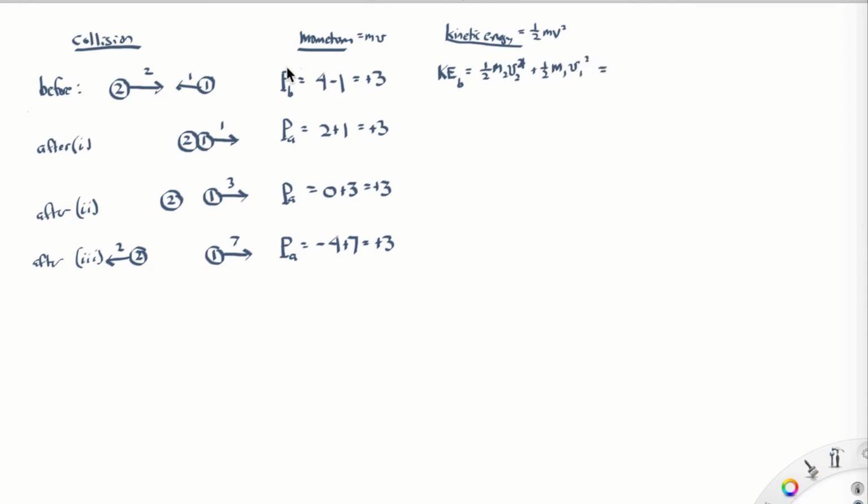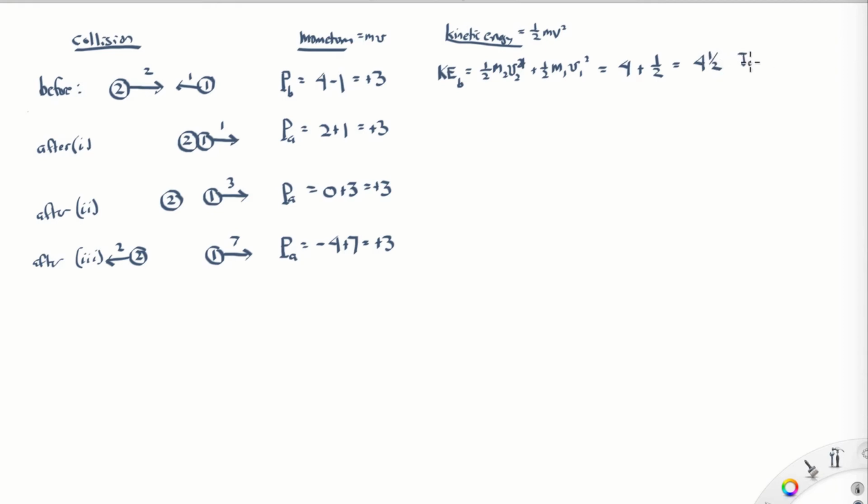Mass 2 is 2, velocity 2 squared is 4, so 4 times 2 is 8, divided by 2 is 4. And what is the kinetic energy of ball 1? Well, the velocity squared is 1, the mass is 1, and so the kinetic energy of ball 1 is 1/2. So the kinetic energy of this entire system of particles before the collision is 4.5.